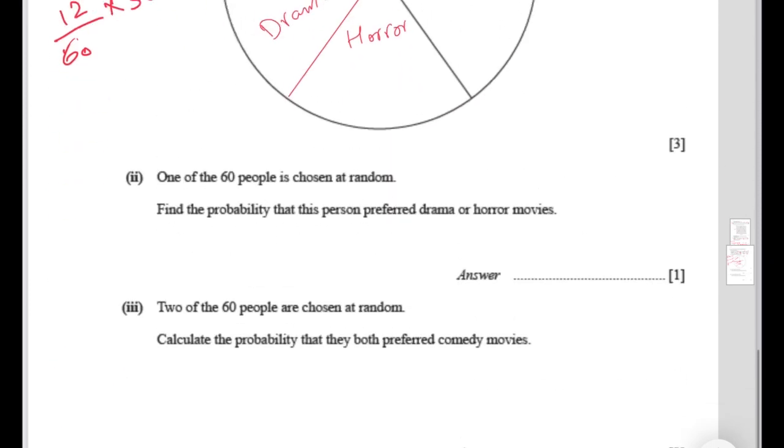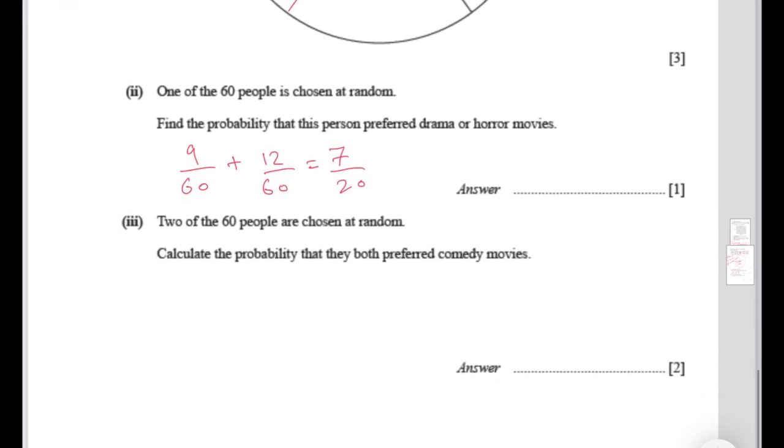So they preferred either drama, or means addition, horror. Let's add the two. 12 plus 9 over 60, which is 21 over 60. The simplified version of this answer is 7 over 20. So you write 7 over 20 right there.